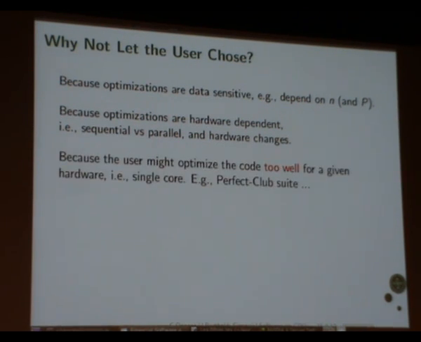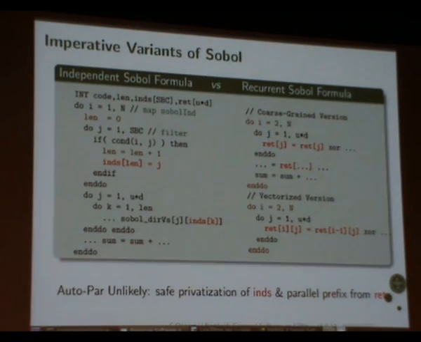And the third reason, and most important, is because the user might optimize the code too well, and then you lose parallelism. For example, this case can be seen in several benchmarks from the Perfect Club suite.